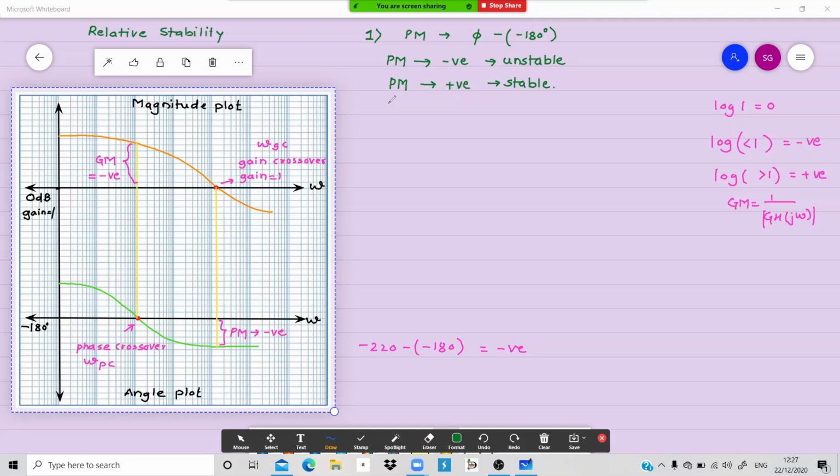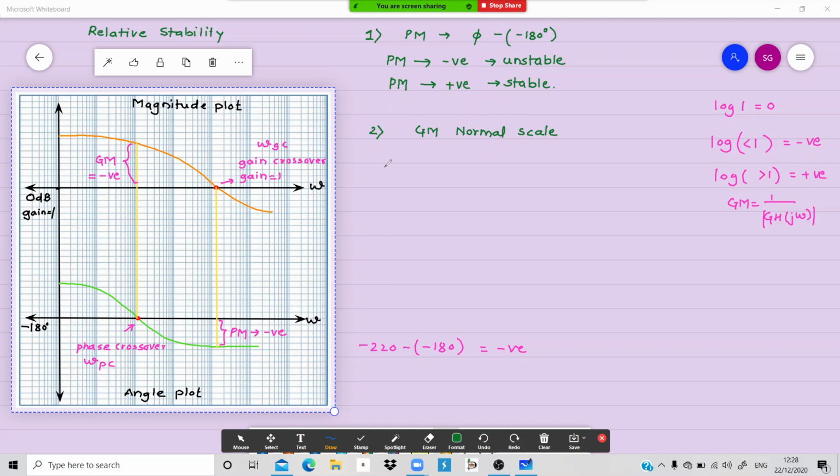Then the second thing is GM, on the normal scale, not the log scale. I am talking about GM on the normal scale.